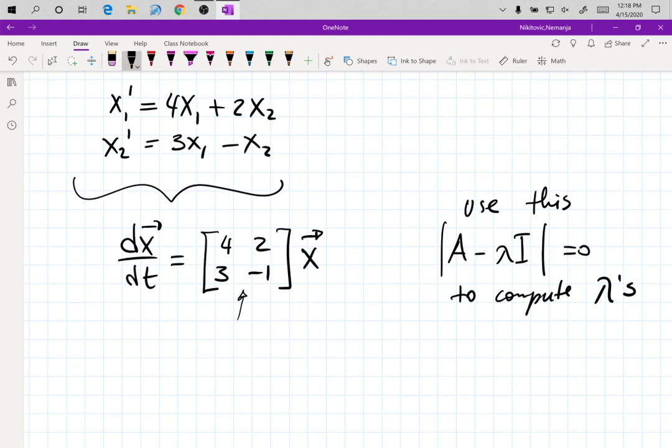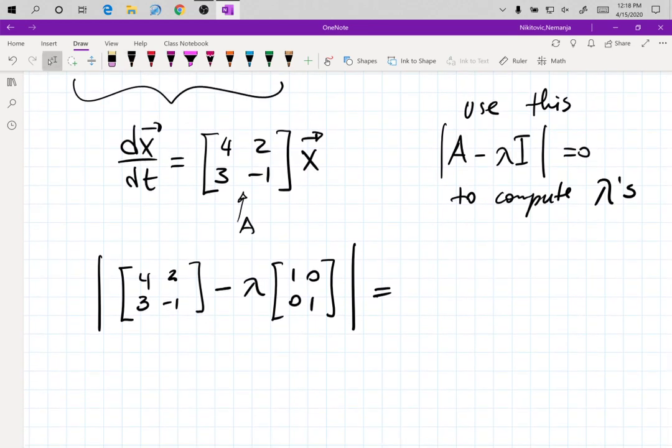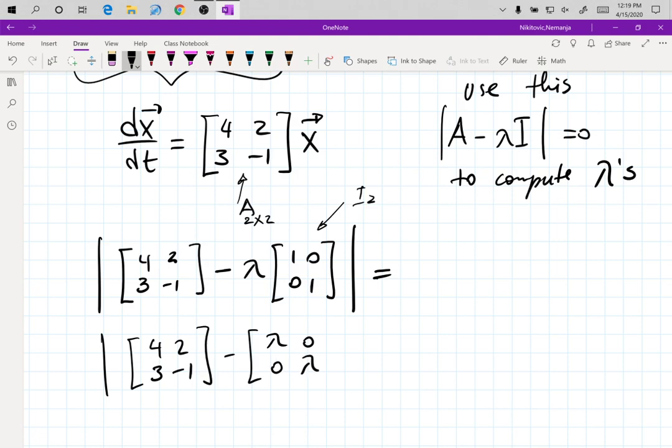Well, this is my A. So I have my matrix A, which is 4, 2, 3, negative 1, minus the unknown lambda times the same order identity. I need I2, because my matrix was 2 by 2. Now I have the 4, 2, 3, negative 1 matrix minus lambda 0, 0 lambda.